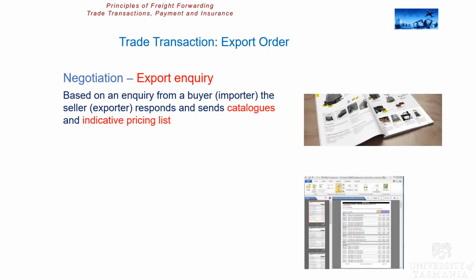So that initial export inquiry is that starting point for that negotiation between the seller and the buyer. And it's usually based on an inquiry from a buyer who will ultimately be the importer to the seller who is going to be the exporter of the goods. And usually the exporter begins that process by sending some catalogues or an indicative price list.